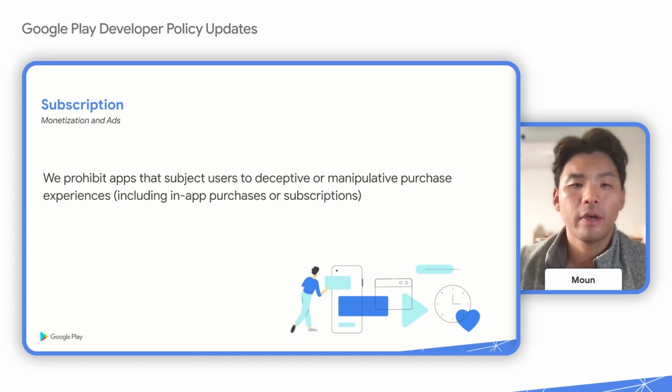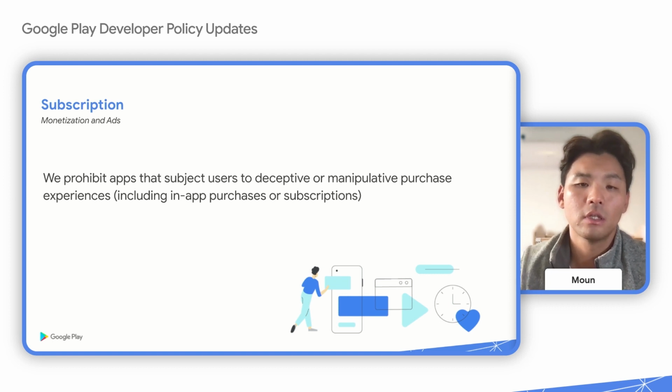Next, we're clarifying our subscriptions policy to more explicitly prohibit apps that subject users to deceptive or manipulative purchase experiences, including in-app purchases or subscriptions. This helps protect users from misleading or deceptive subscription plans, and it helps reduce high refund rates for developers.